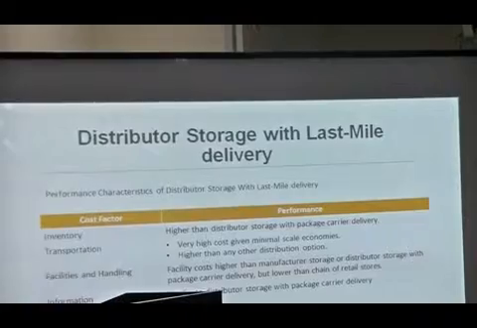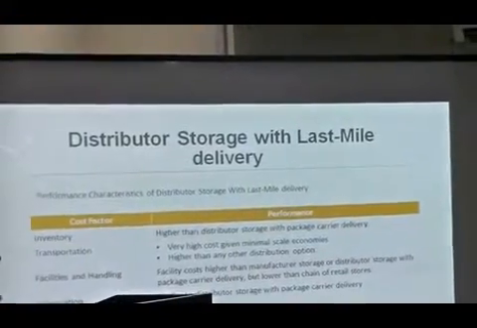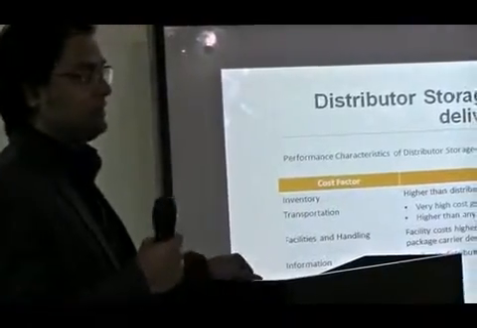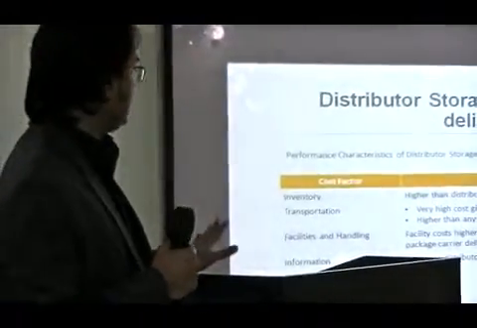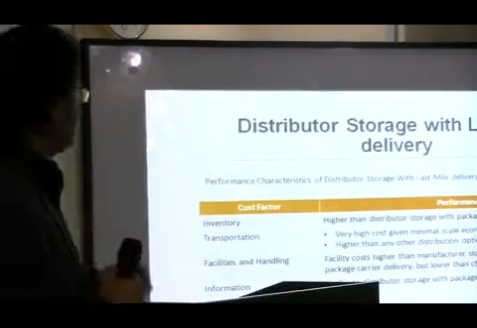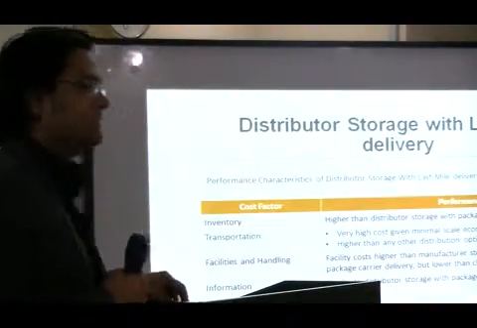So it's good for those kinds of scenarios where the product is really fast moving. So that's what is good about this distribution design.